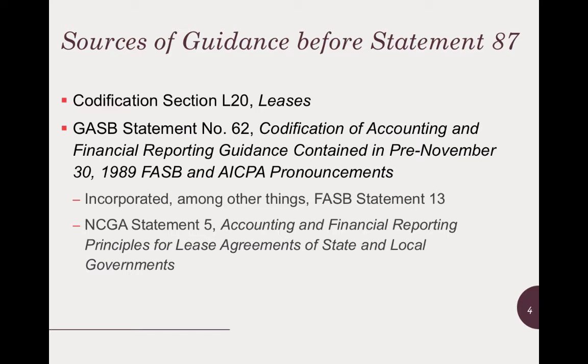That guidance from FASB Statement 13 primarily was brought into the GASB literature, and that plus NCGA Statement 5 plus GASB Statement 13 and some other minor pieces of pronouncements are all codified together in Section L20.